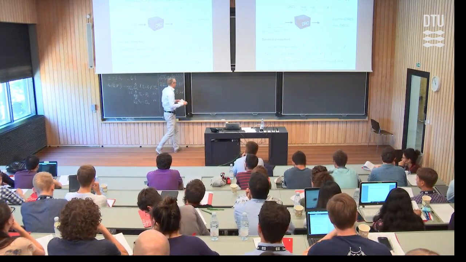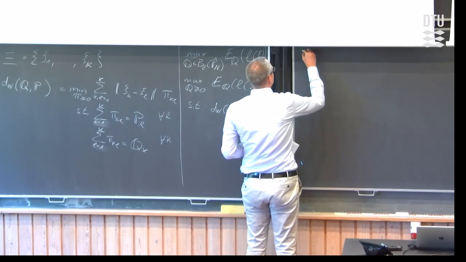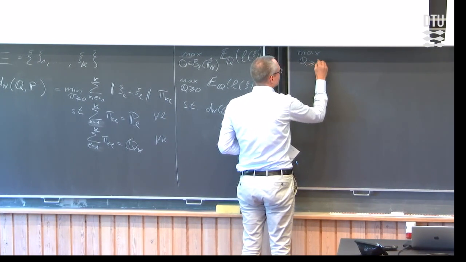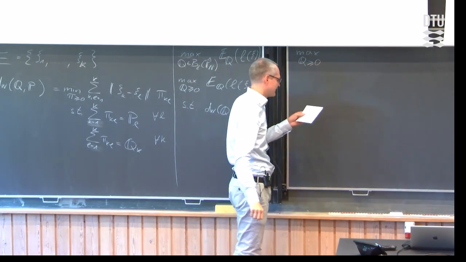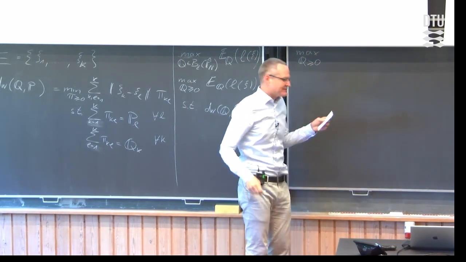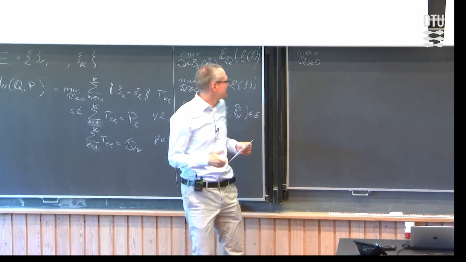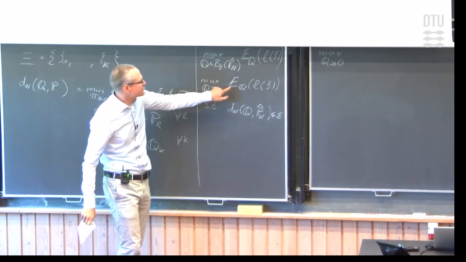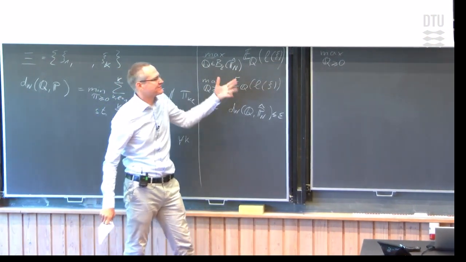So I'm going to use the definition. Again, I maximize over all distributions Q, so vectors with non-negative components. And now I'm just going to use the fact that this is a discrete distribution that lives on that set to re-express the expected loss as a sum.